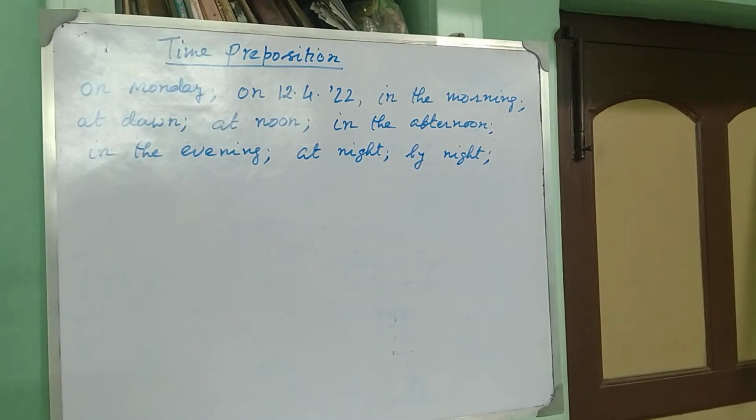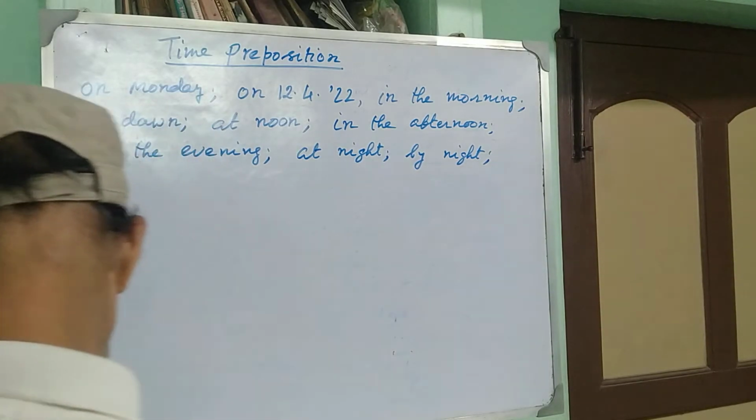He left the village by night. That means he left the village under the cover of darkness of the night. Remember it. There is a difference between at night and by night, and later I will discuss it with you. Okay?